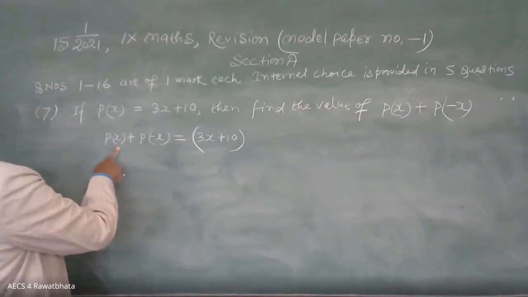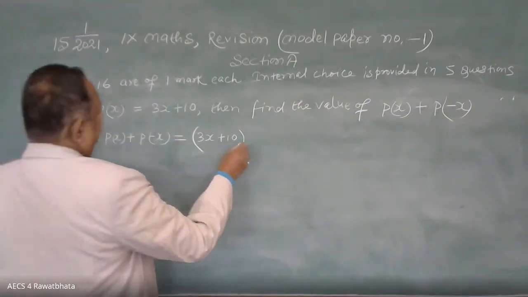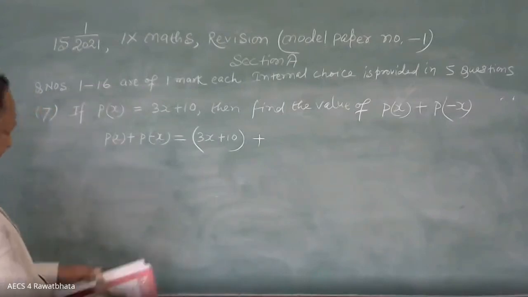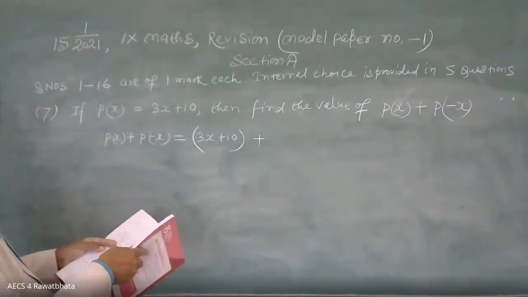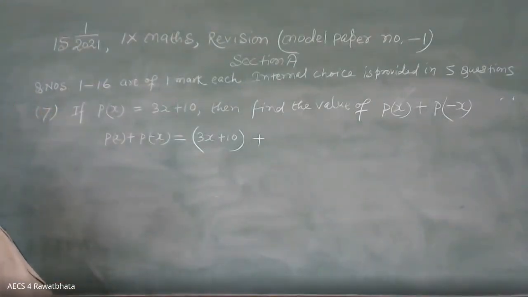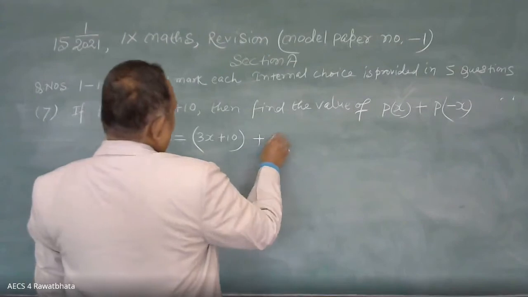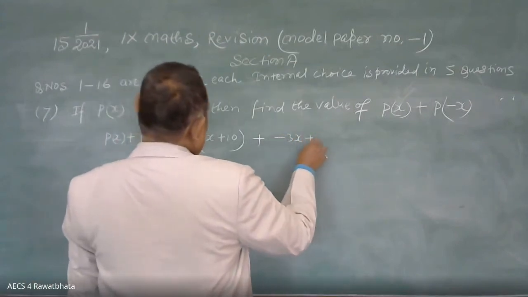Plus P minus x. Put x is equal to minus x. So minus 3x plus 10.